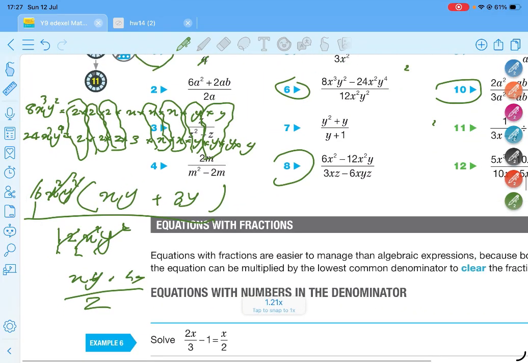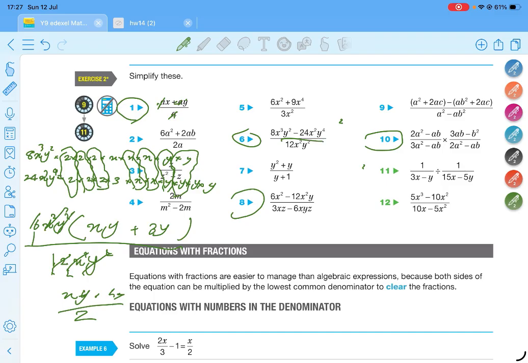Here, where? Here. X to the power 2, no? Yes, then now this part, no? X to the power 2, y to the power 2.